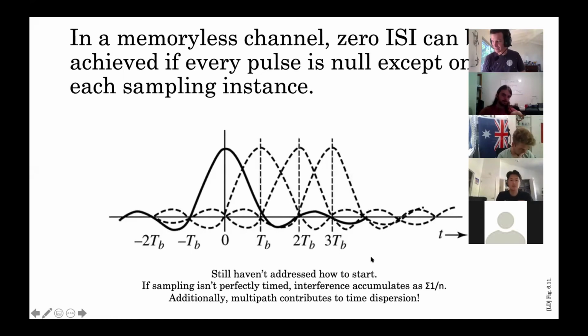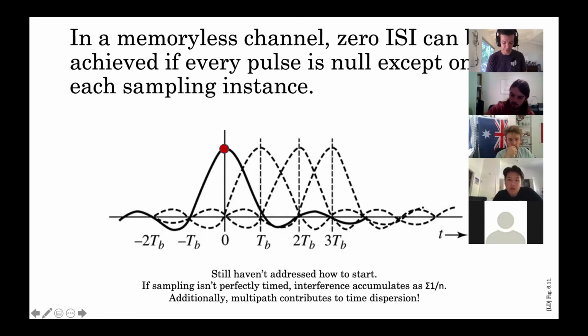So follow me on this mind game: if we want to send sincs as our time domain pulses, one way to do that would be to space our bits such that they come at the nulls of subsequent sincs.